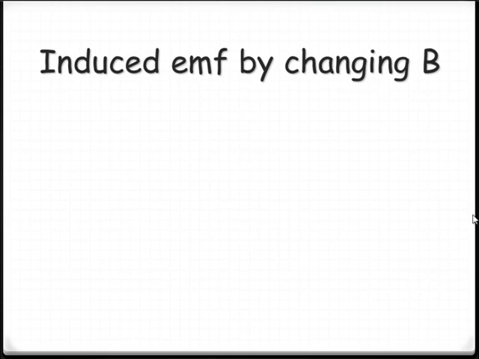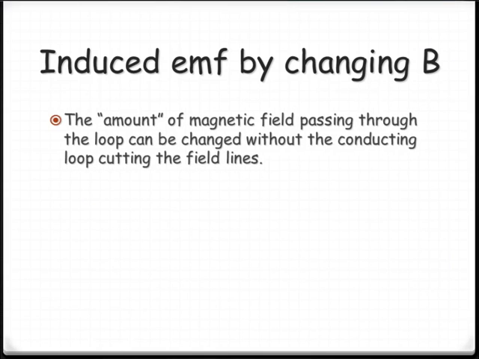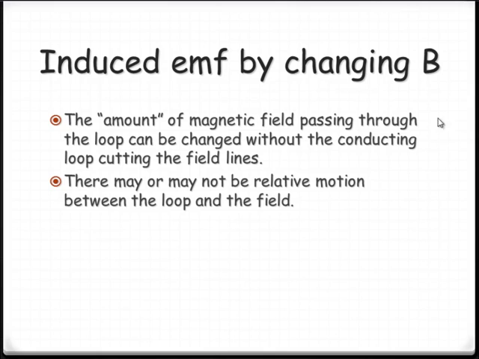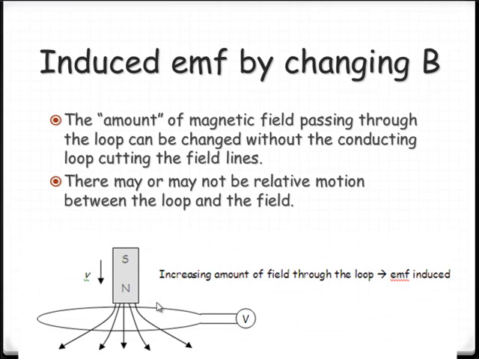Now one other alternative would be changing B, or varying the magnetic field strength. So effectively you're not cutting any field lines in this scenario, and there may or may not be any motion between the magnet and the loop. So you've got a couple of options.